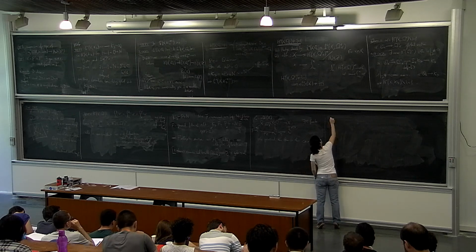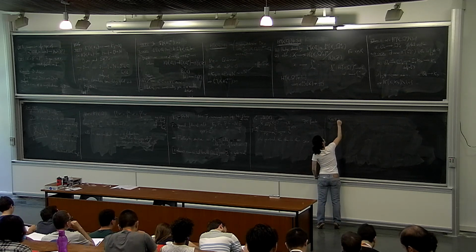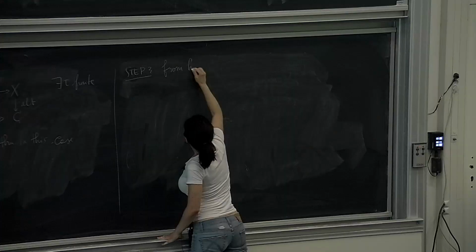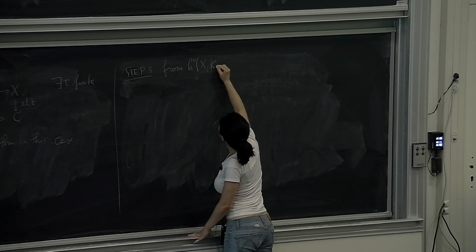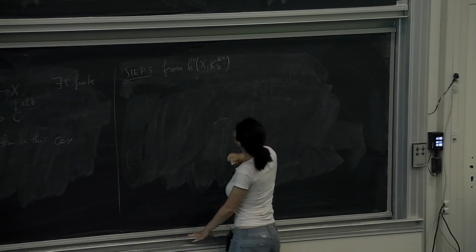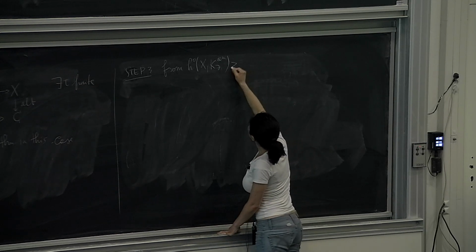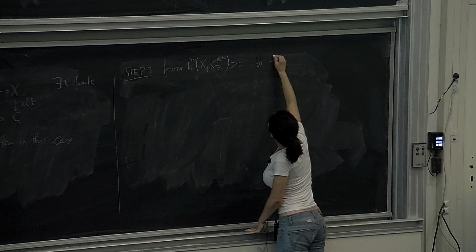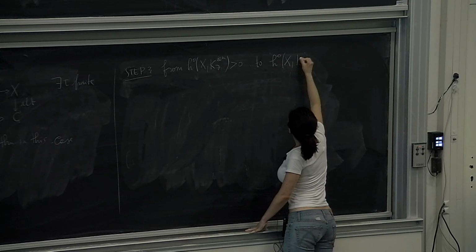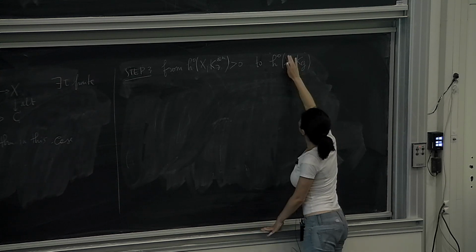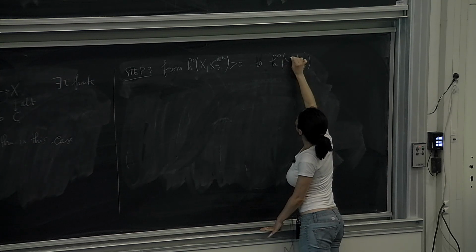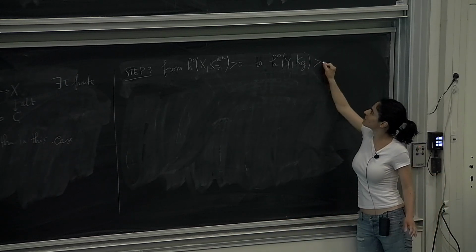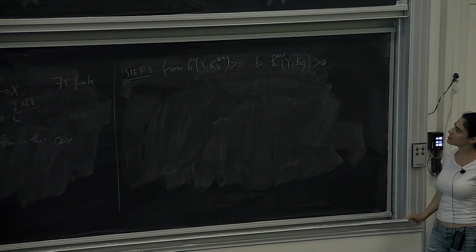Okay. So we are left with our last step, which is how to go from having a global section of a multiple of KF to a global section of, well, I don't know, some canonical bundle of some foliation on a related variety.